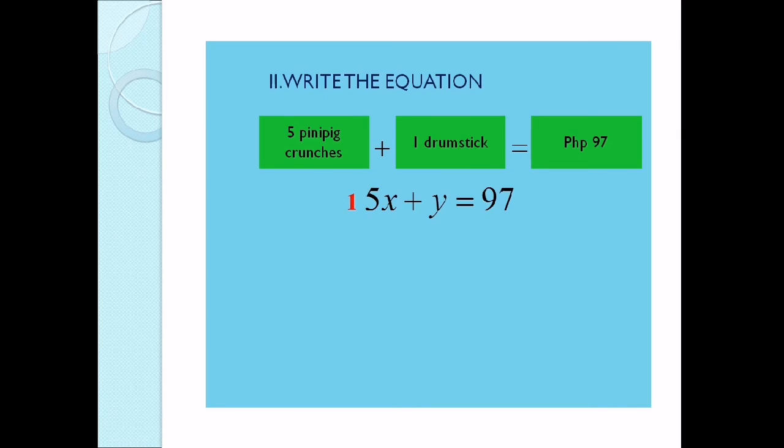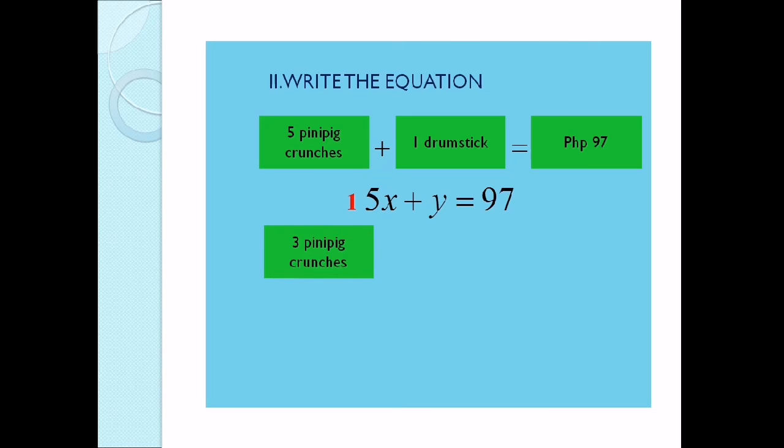So how are we going to translate that into a mathematical statement? That is 5x, because x is for pinipig crunches, plus y because she only bought 1 drumstick, equals 97 pesos, the total amount she paid. Again, 5x plus y equals 97, that is our equation 1.